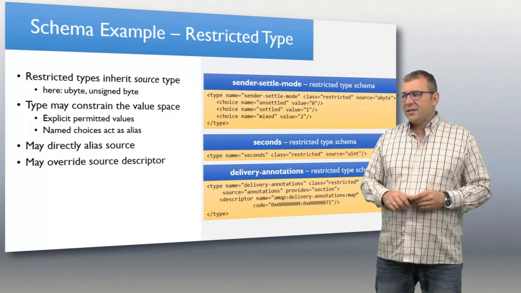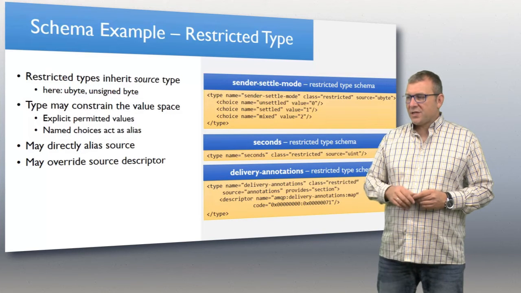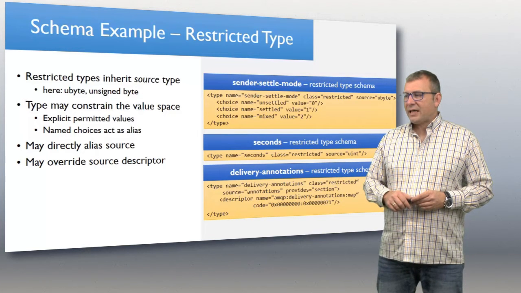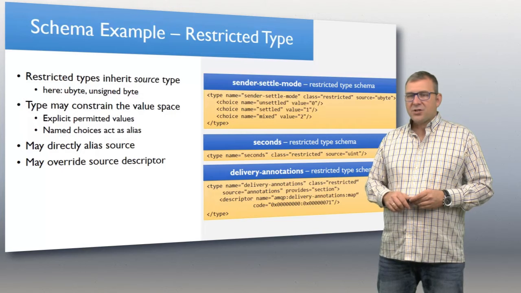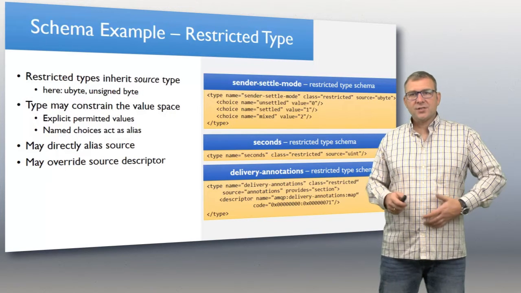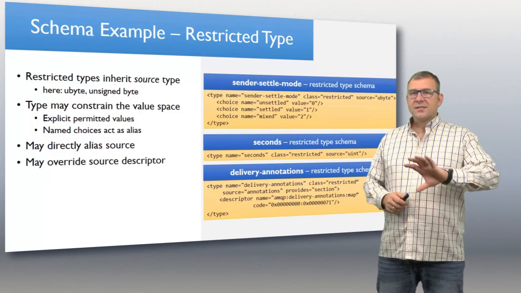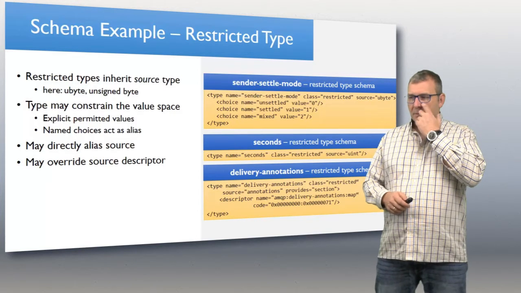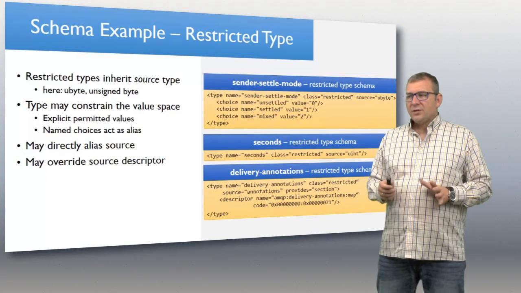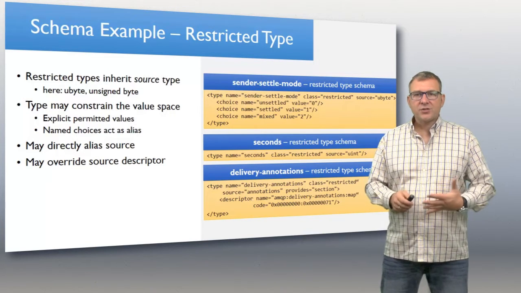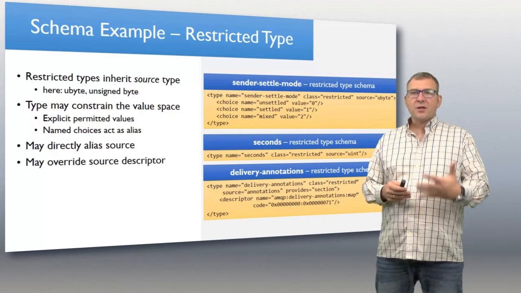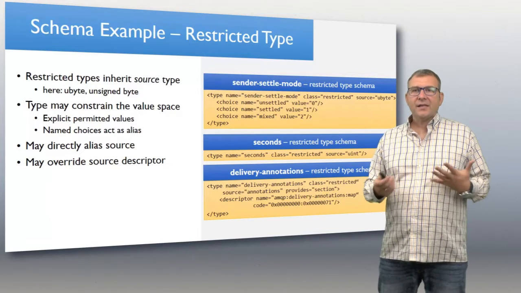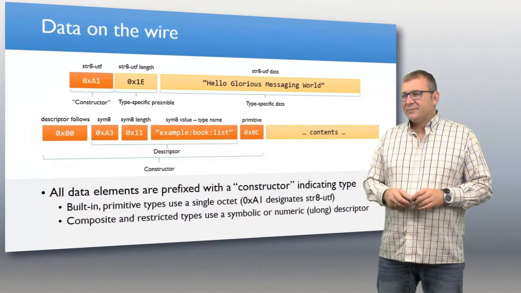And then delivery annotations is a class which really is an annotations structure that also gets aliased with a different type descriptor. So restricted types mostly constrain the value space or take another type and reinterpret it, alias it into a different type.